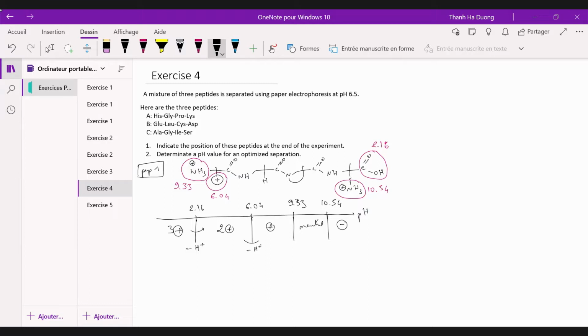But you have to know if it's positively charged, negatively charged, or neutral. So when you have nitrogen in the side chain, it can be positive or neutral. If you have oxygen, it can be neutral or negative. Okay?